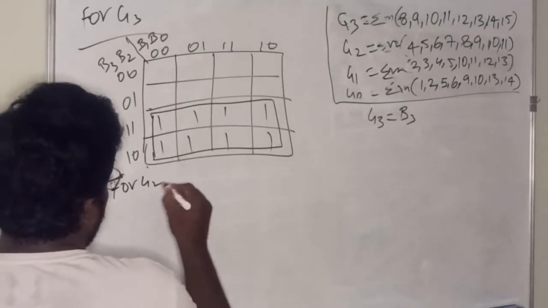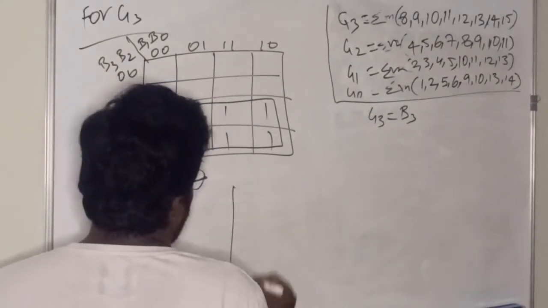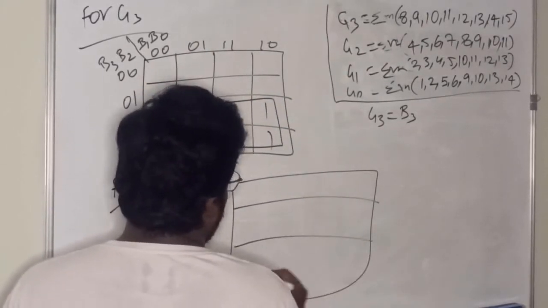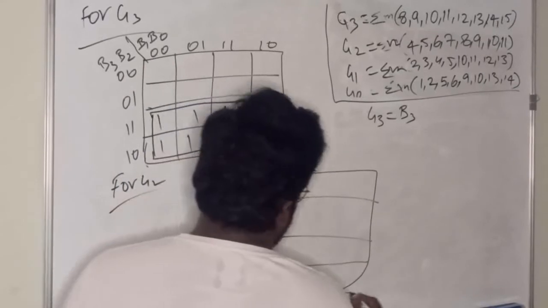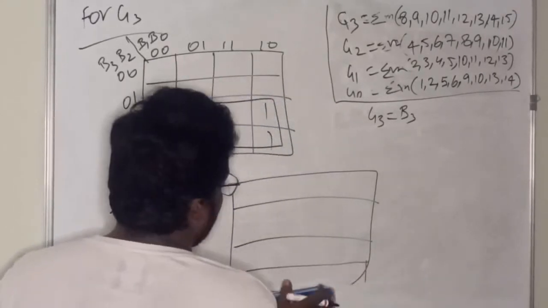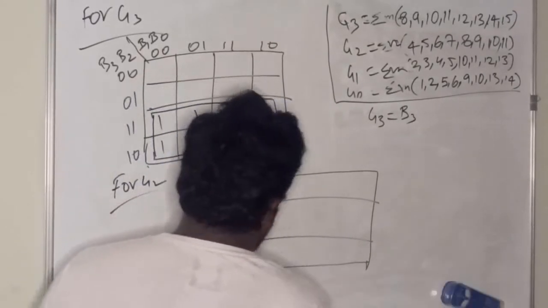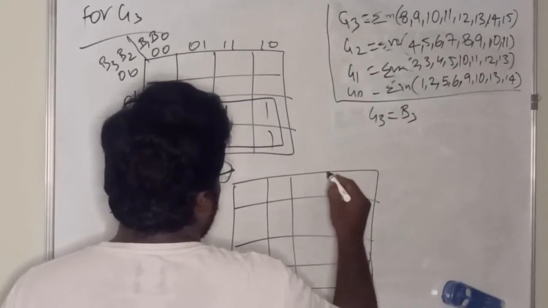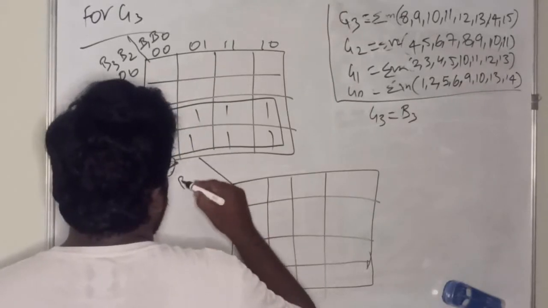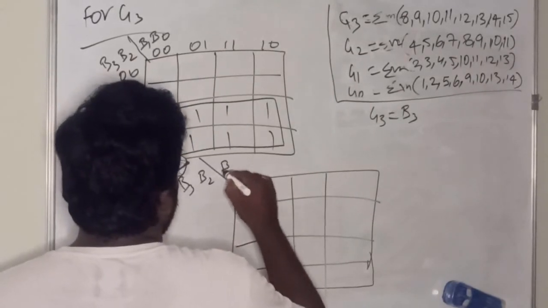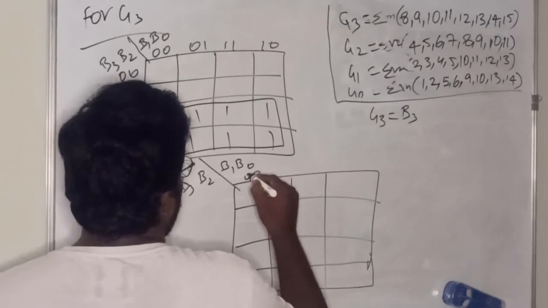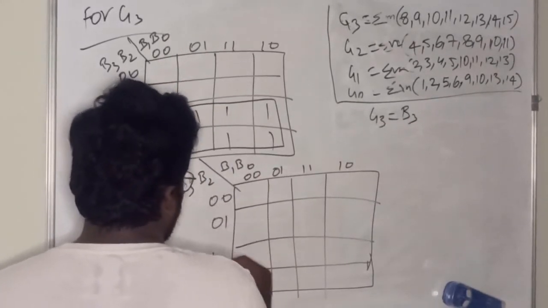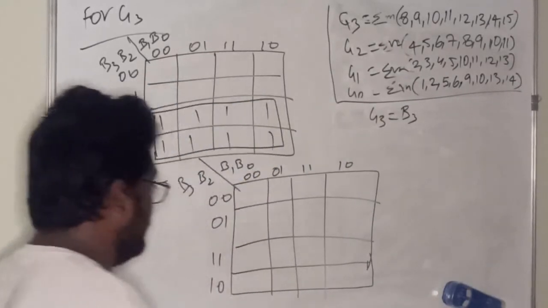For G2, here I am having 4 inputs, so it consists of 16 squares. So this is B3, B2, B1, B0, 0, 0, 0, 1, 1, 1, 1, 0, 0, 0, 0, 1, 1, 1, 1, 0.